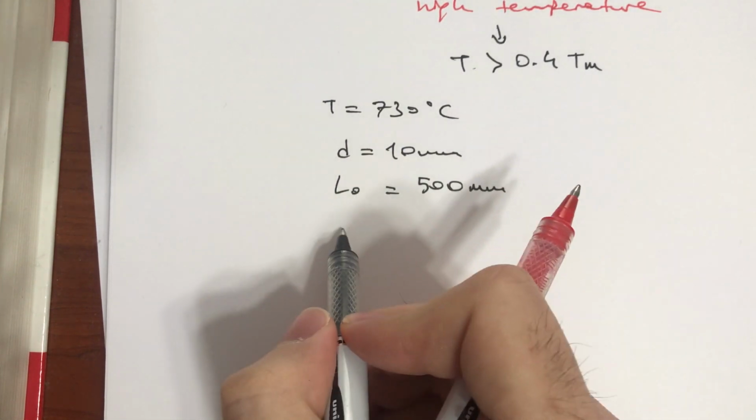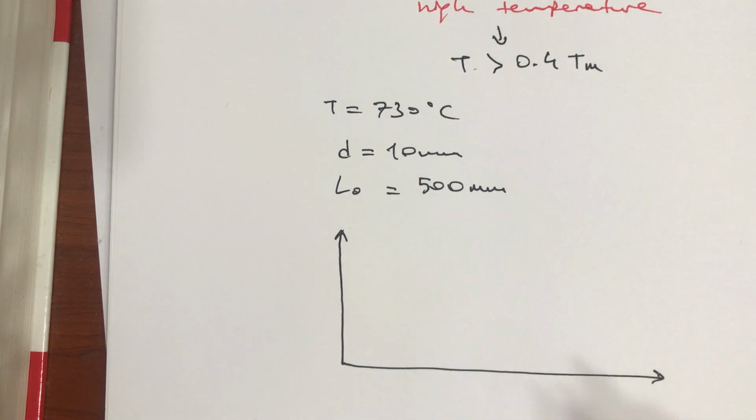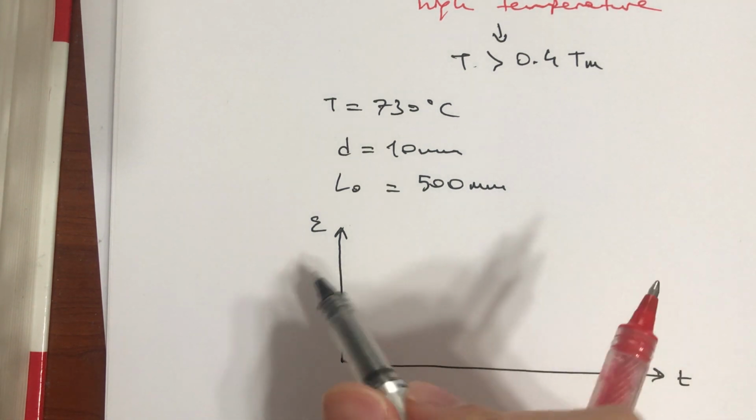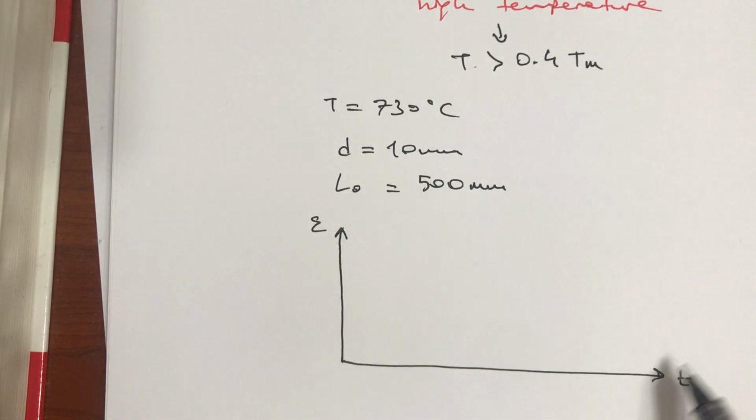And during creep processes, if you draw the strain versus time in the creep deformation, the creep strain epsilon is changing with time.